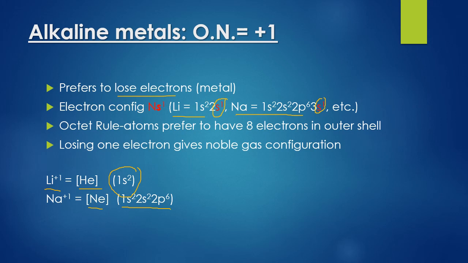Notice that it will have 8 electrons in its outer shell, its outer shell being all the electrons in level 2, period 2. The electrons being these superscripts here. So 2 plus 6 tells me there are 8 electrons. So now sodium is happy.